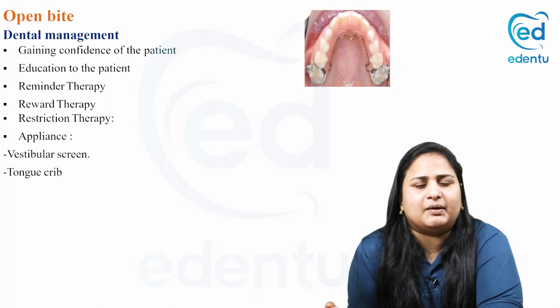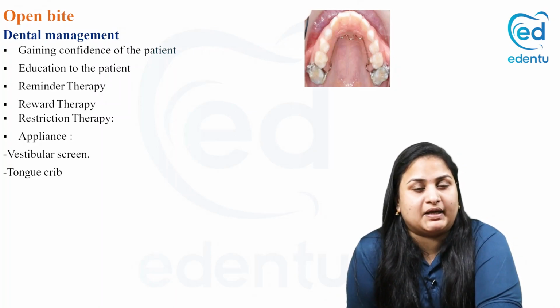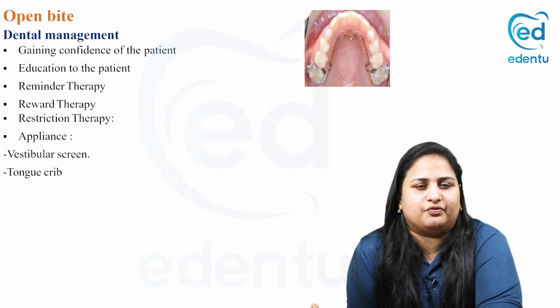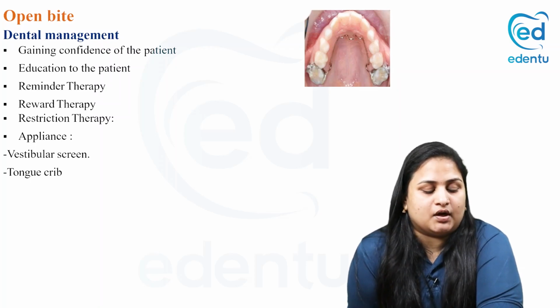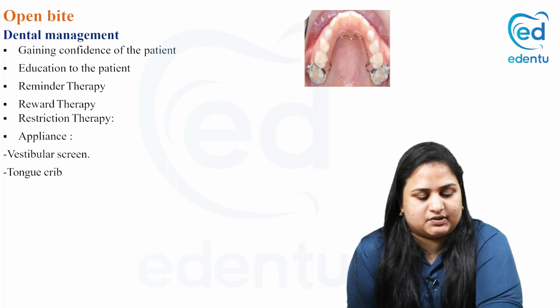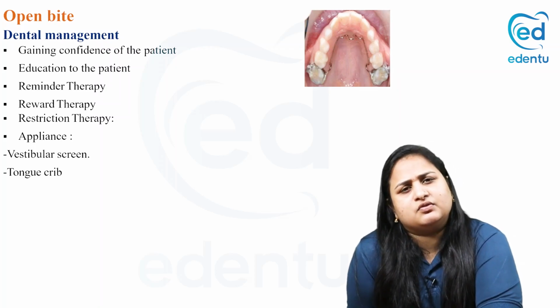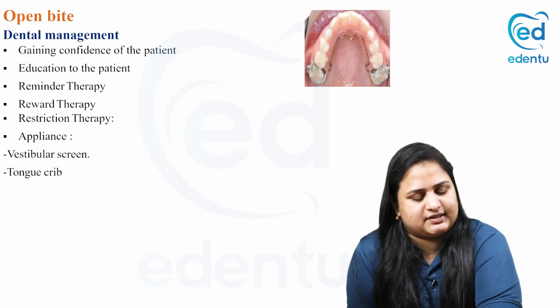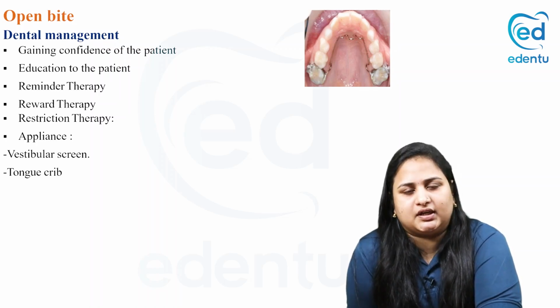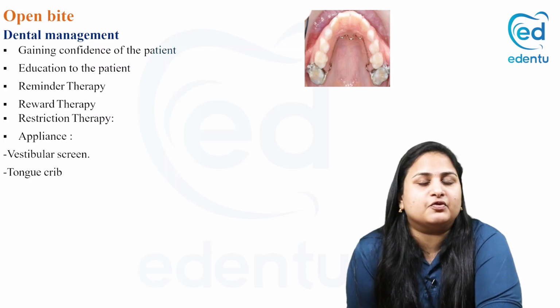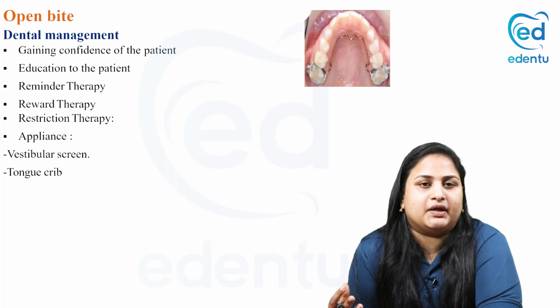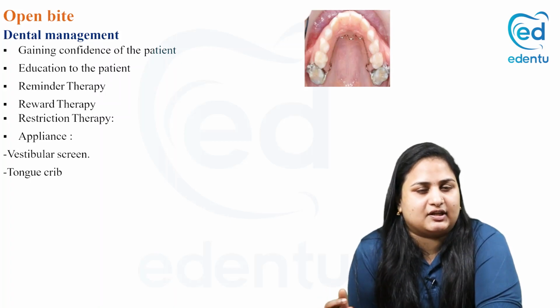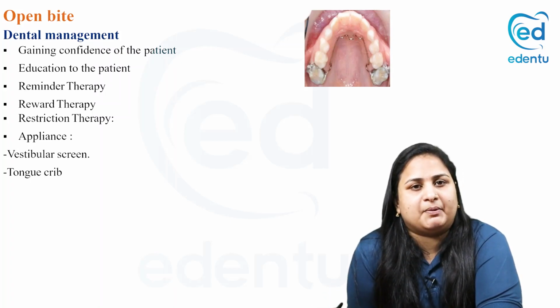Then the implementation of certain techniques like reminder therapy, like small removable appliances or restriction of the fingers, the reward therapy, the restriction therapies which are commonly used, and also the small scale employment of removable appliances such as the vestibular screen or the tongue crib can be very reinforcing appliances in a deciduous or mixed dentition, to educate the patient more or to restrict this habit from progressing further.